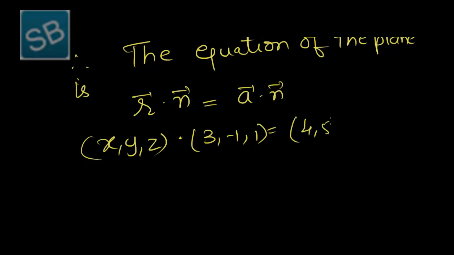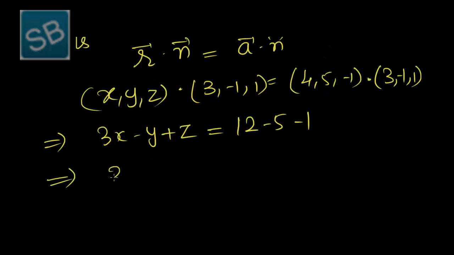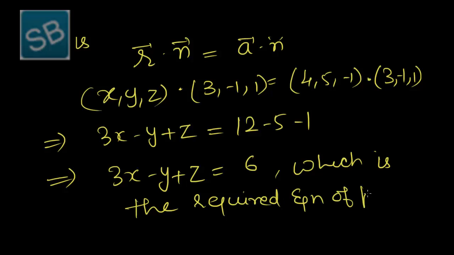A is (4, 5, minus 1) dot (3, minus 1, 1). That gives 3x minus y plus z is equal to 12 minus 5 minus 1. So that gives 3x minus y plus z is equal to 6, which is the required equation of plane.